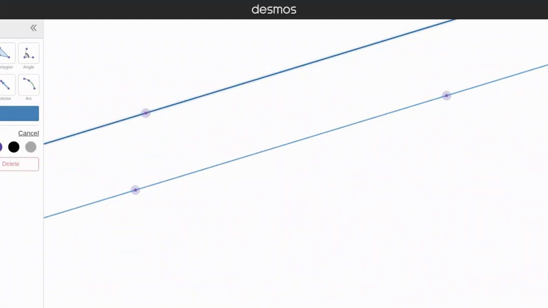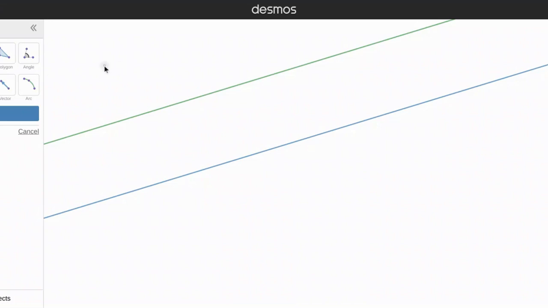I'm going to change the color of my second line. Let's just do it in green, I guess. So I know that's my second line. And I'm just going to take all these points and hide them. Click on them, press hide. Now I want you to draw me a transversal line.